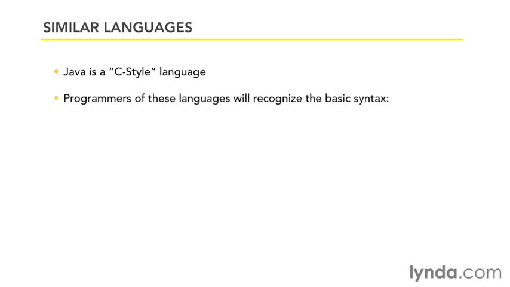If you've worked in any of these languages, you'll recognize Java very, very quickly. They include C, C++, C#, JavaScript, and even PHP. All of these languages share basic syntax rules, and you'll be able to adapt your existing knowledge to Java very fast.